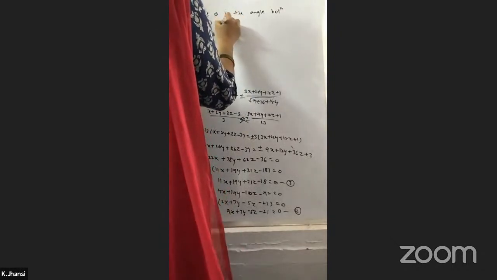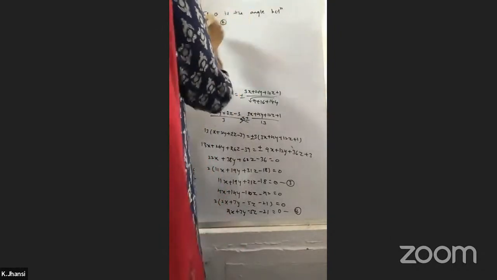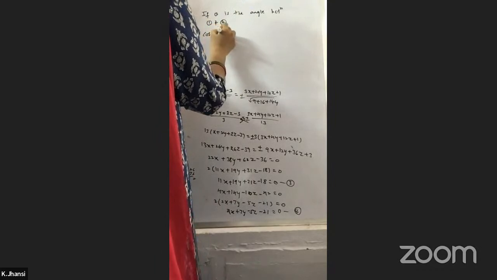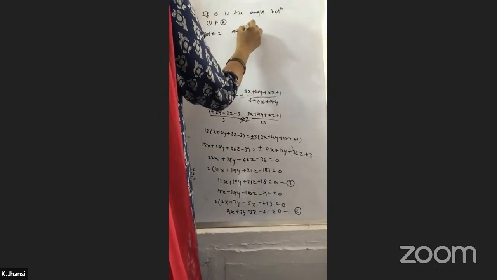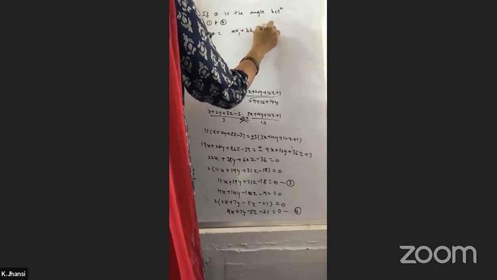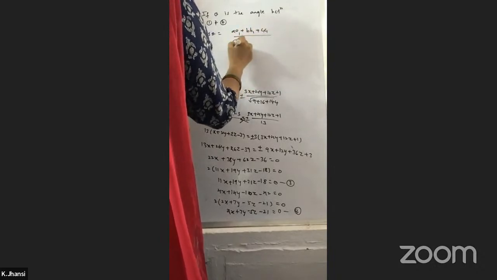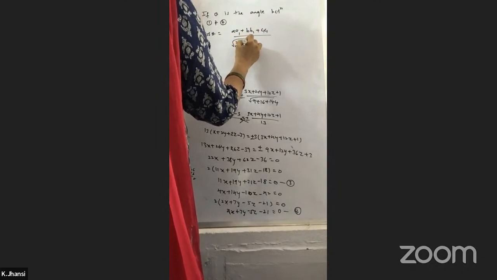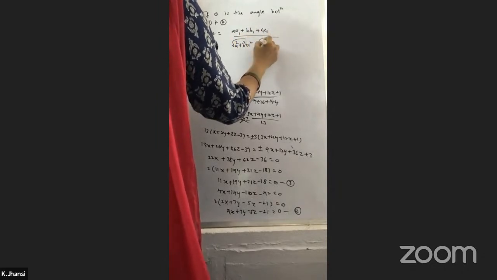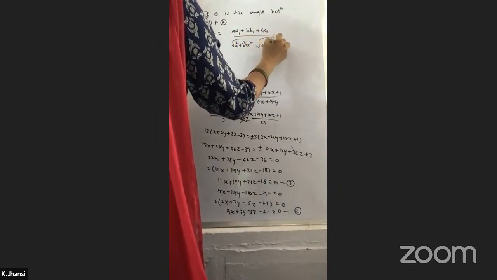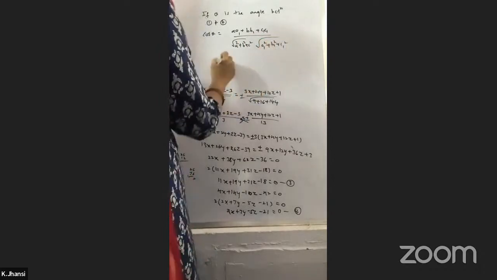So 1 and 4 means what is the first equation? For that you have the formula cos theta is equals to a into a1 plus b into b1 plus c into c1 by under root of a square plus b square plus c square under root of a1 square plus b1 square plus c1 square.